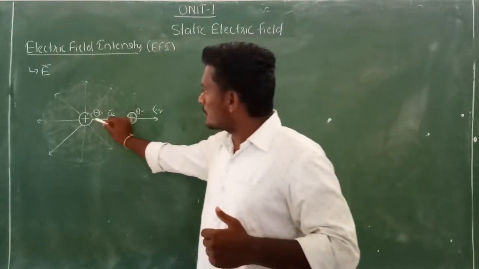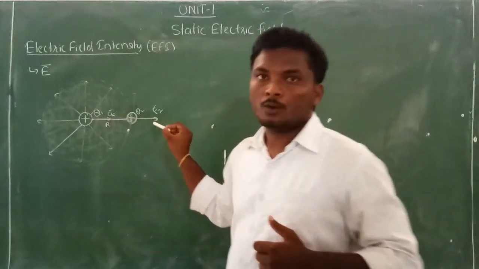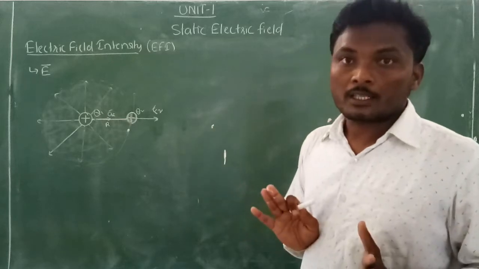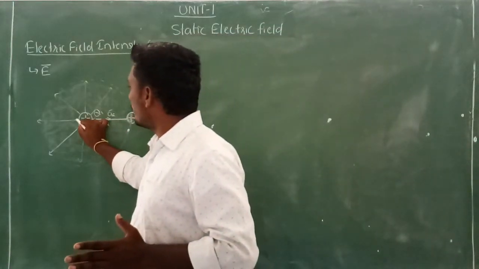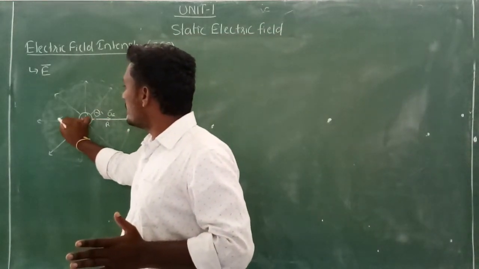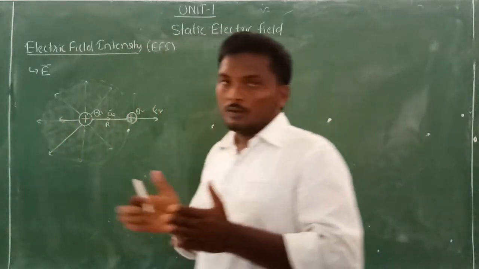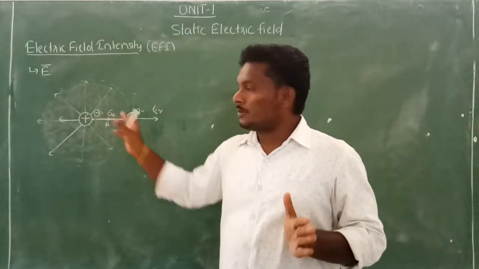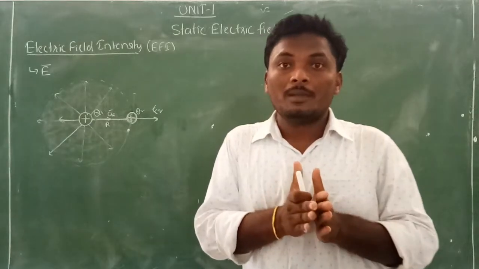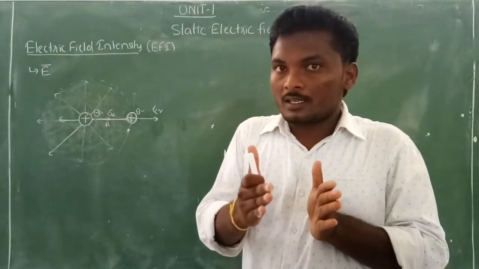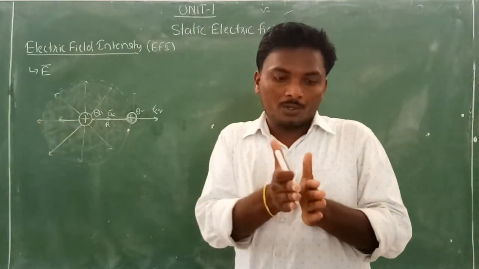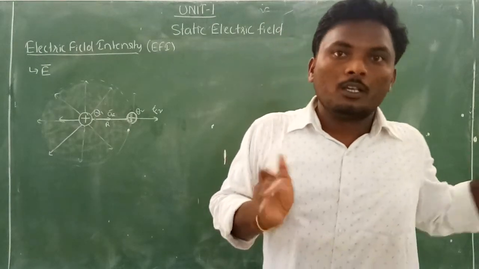So the direction should be towards Q2. If you want to write the expression for the force exerted on Q1, in which direction is it? It is away from Q2. Why? Because there are two charges which are similar. So the force on Q1 is away from Q2, and the force on Q2 is away from Q1.